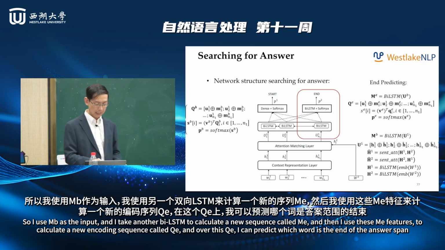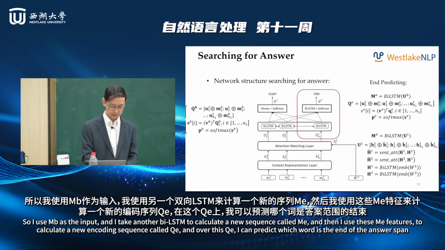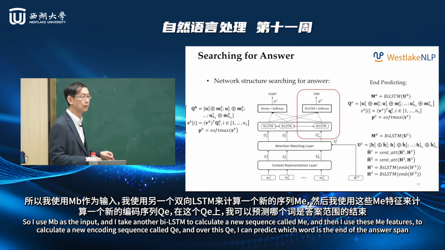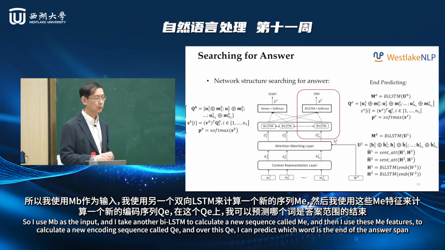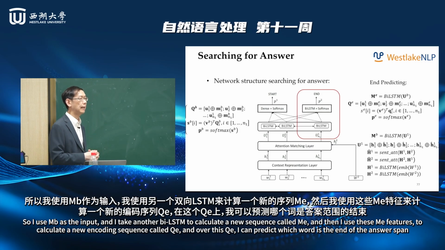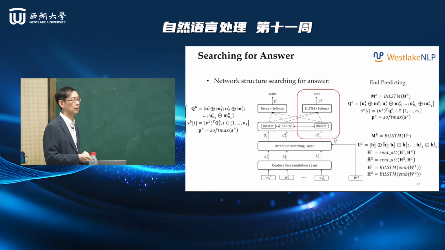And then I use these ME features to calculate a new encoding feature sequence called QE. And over this QE, I can predict which word is the end of the answer span. Okay?